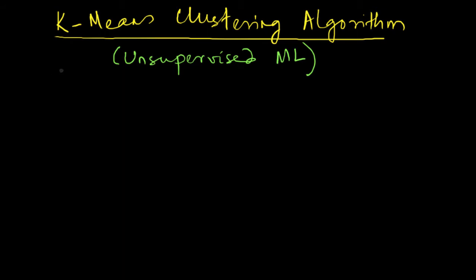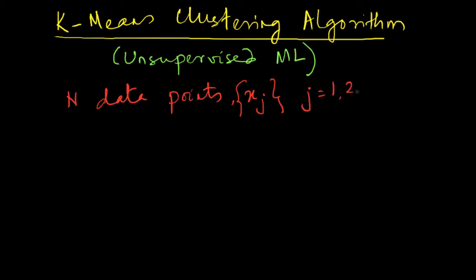So essentially, let's say you have N data points which are labeled as x_j, where j is going from 1, 2, 3 and so on up to capital N. And you are told that these data points need to be classified into K clusters.